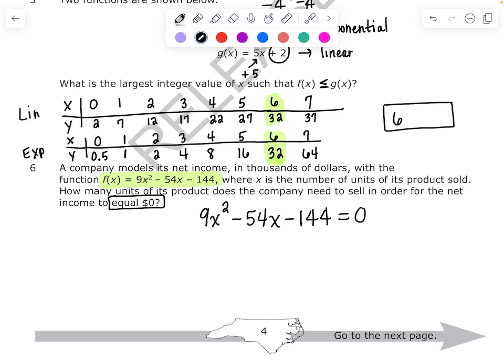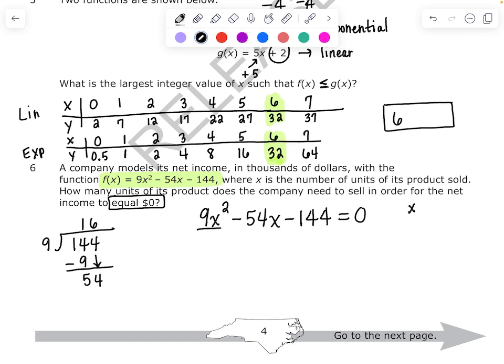Is 144 divisible by 9 evenly? 9 does not go into 1, so we look at the 14. 9 goes into 14 one time, and 14 minus 9 is 5. Bring down your 4, and 9 goes into 54 6 times. So 144 is also divisible by 9, 16 times.